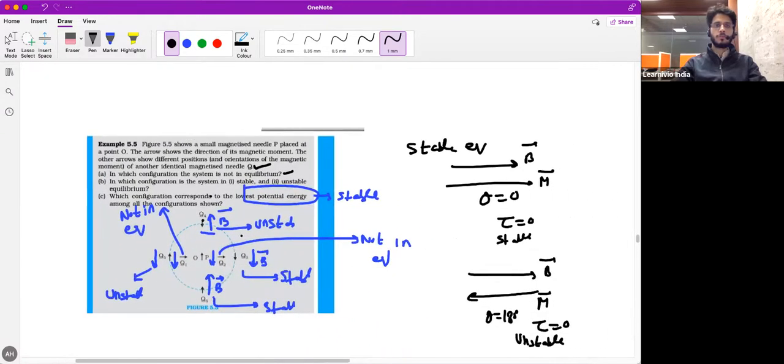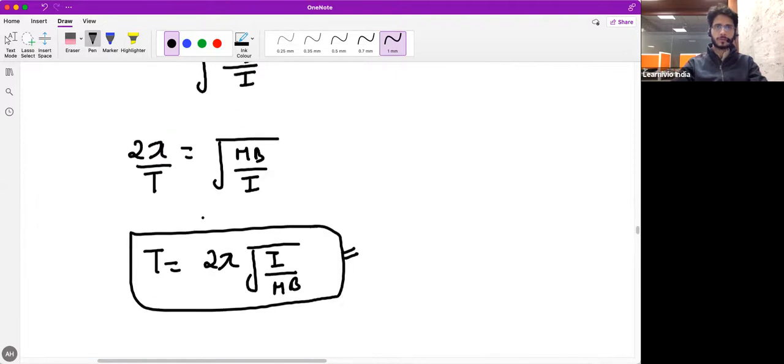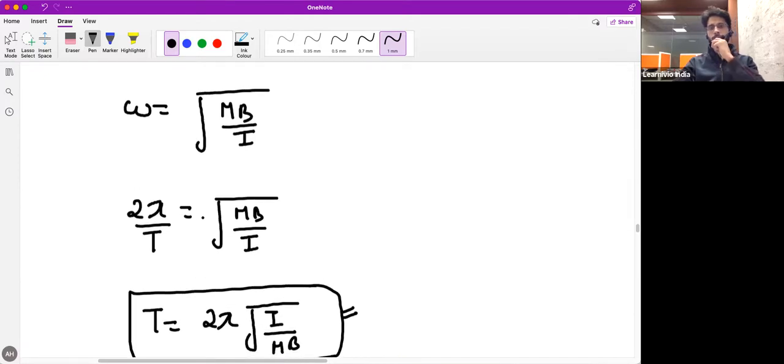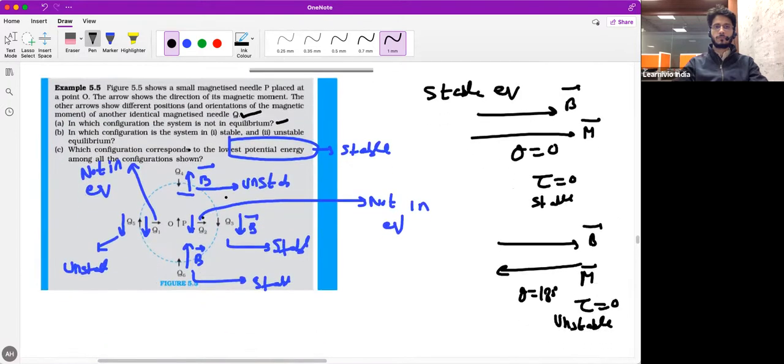This is example number 5.5. Scroll up a bit. This is an NCERT question.